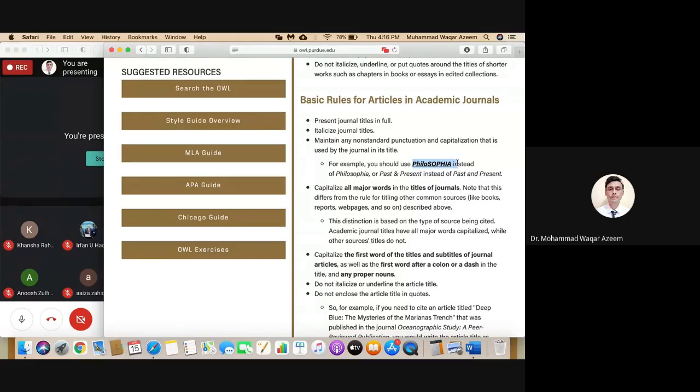Because the editorial board of that particular journal has decided to give this kind of title to the journal, and they want the title to be written like that. Okay, now if that is the case, then you must stick to the preference of the journal. You should stick to the uppercase and lowercase letters according to whatever the journal has given to its title.